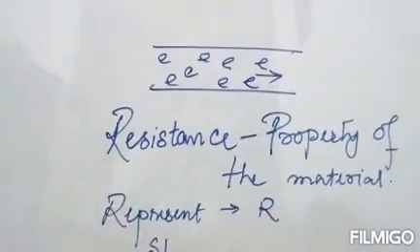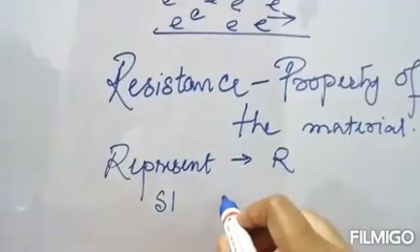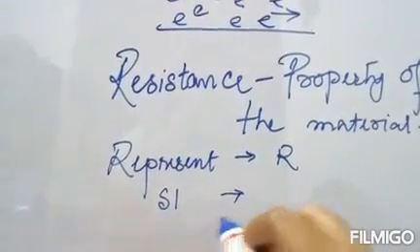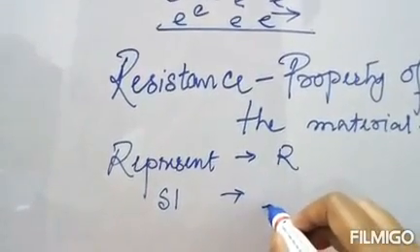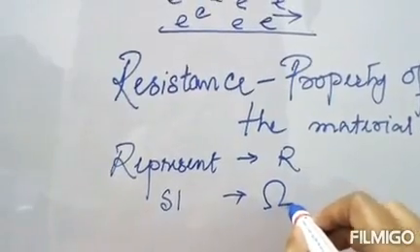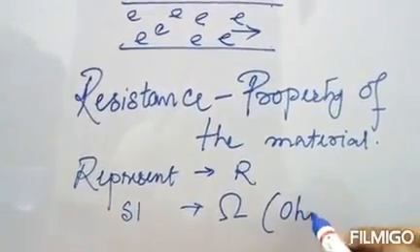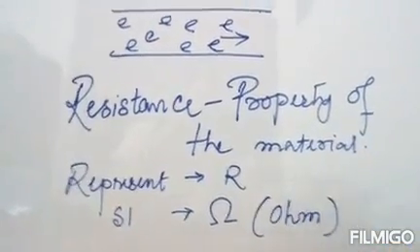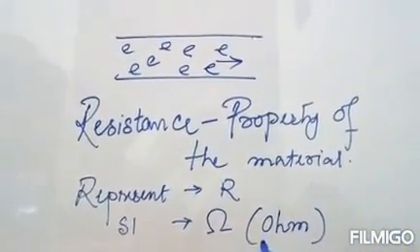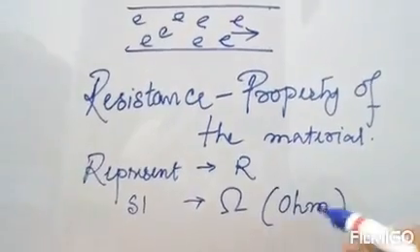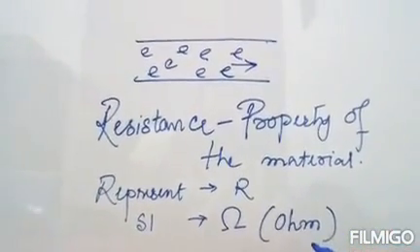We are measuring resistance, so there should be an SI unit. The SI unit of resistance is denoted by a Greek letter and is known as ohm, O-H-M. This ohm is named after a scientist, and we will study about it later on.